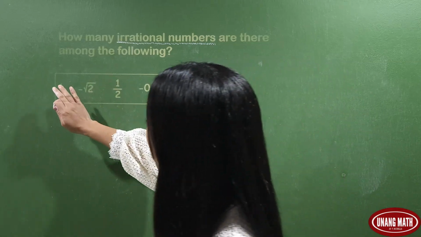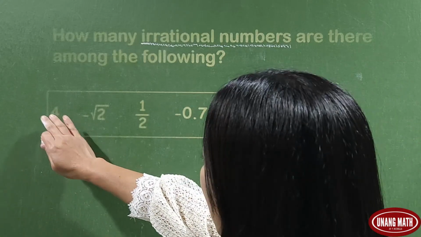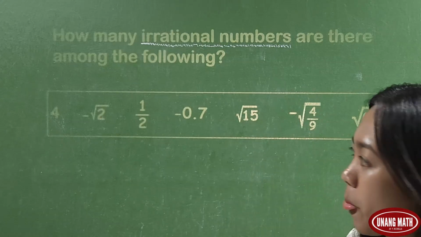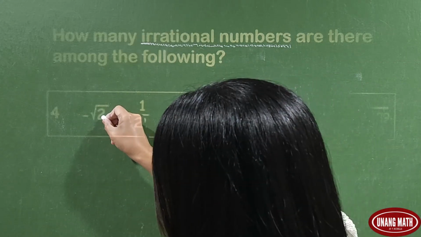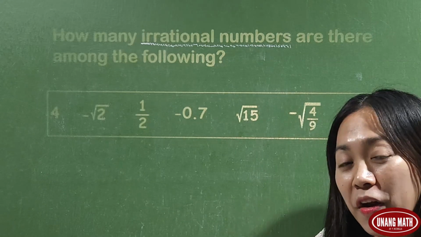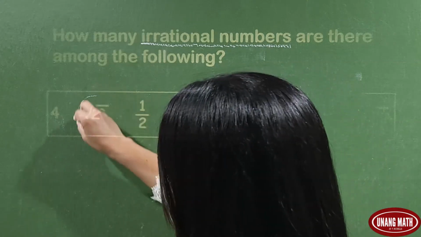Okay, we have here 4. 4 is an integer, so this is rational. What about negative square root of 2? The number inside this radical sign is 2, and 2 is not a square number. So this is an irrational number.